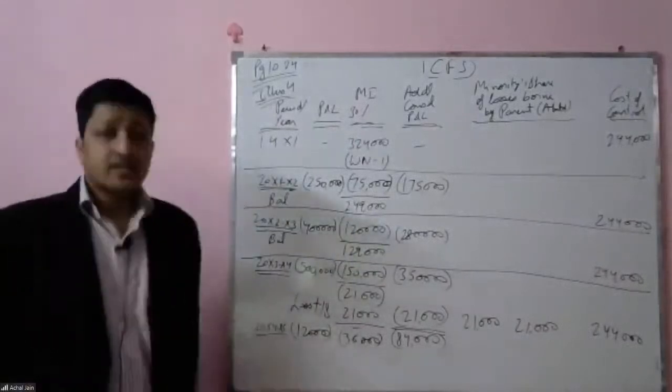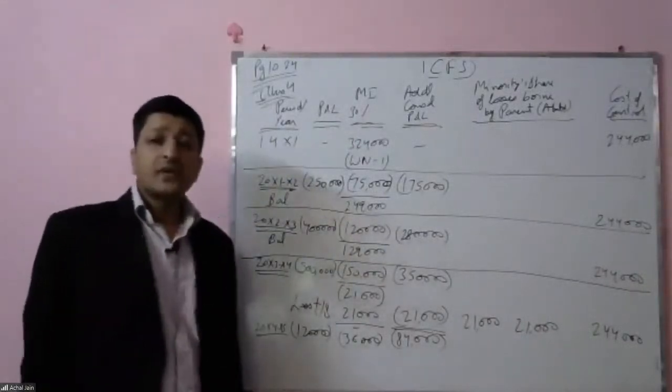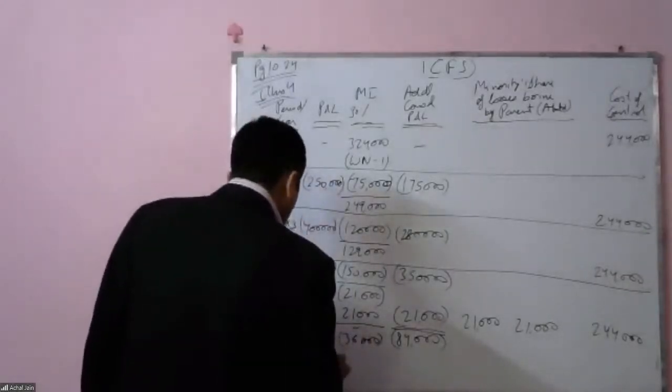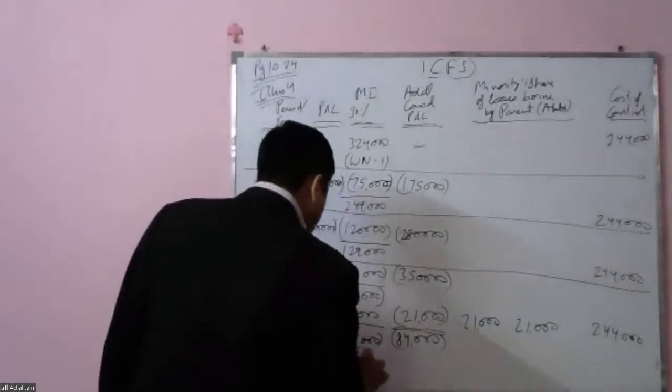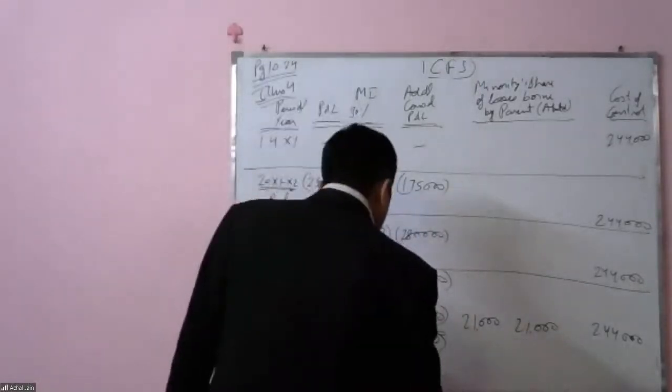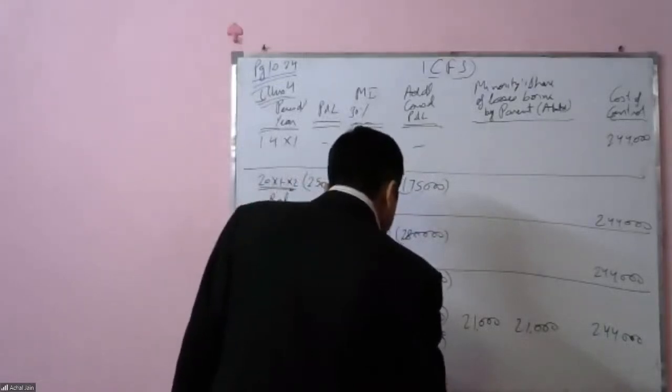Now this 36,000 once again will be transferred to whom? Parent. So this loss will be transferred once again to parent. So this once again becomes nil. This becomes negative.